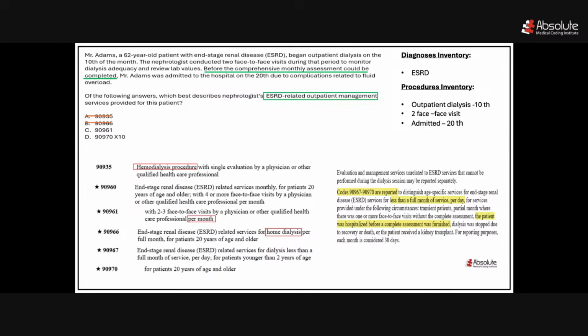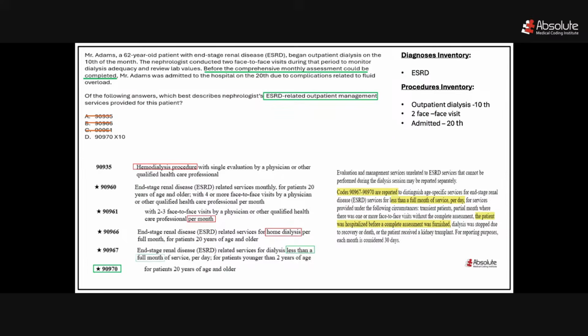So was there any complete assessment done? I can see the answers are changing. Yes, there was no complete assessment done in this scenario, and that makes option C incorrect. So we have to code for per day services, and the correct answer is going to be 90970 times 10.